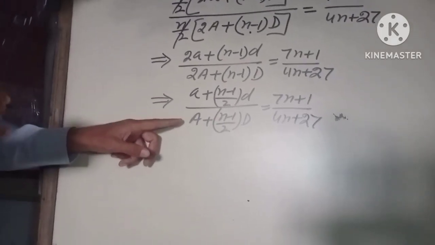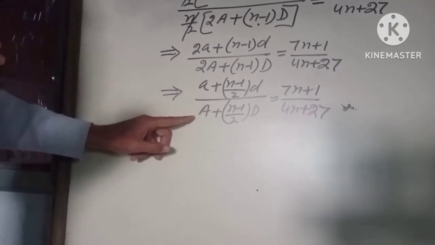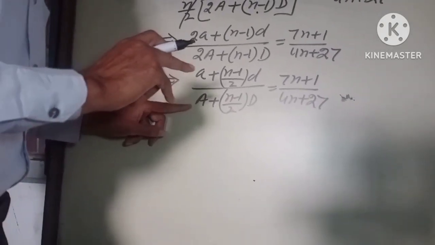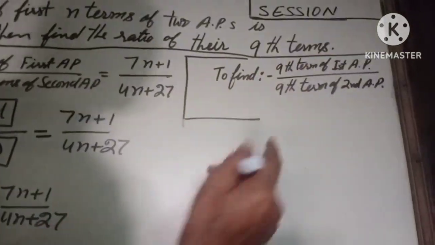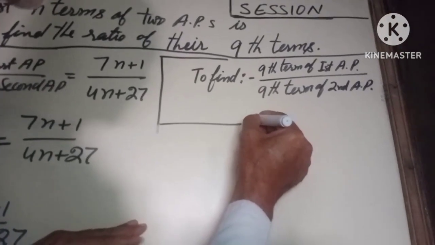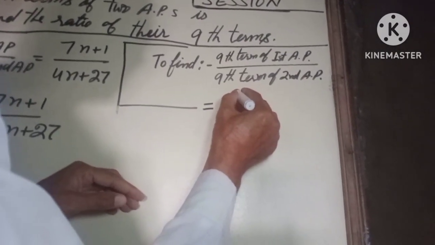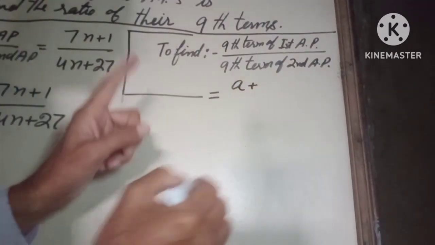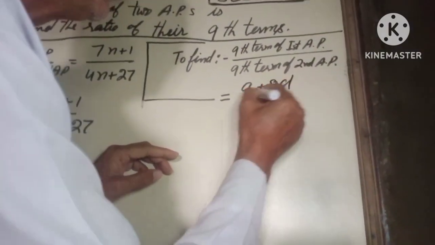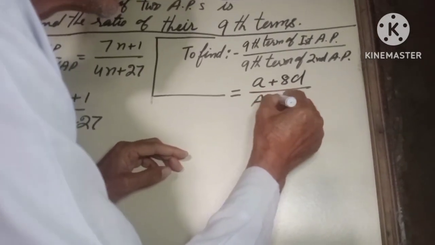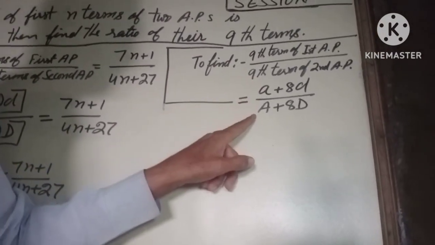Now, here comes a small trick. See, again I'll take you to what we have to find out. We have to find out the ninth term. The ninth term will be a plus 9 minus 1, which gives you 8. So it is a plus 8d upon A plus 8D. This is the ratio we have to find out.